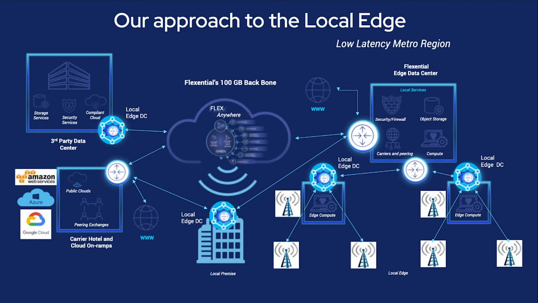And, we talked about it a couple of times, whether it's on a local prem or it's in an edge data center sitting out at the base of a tower servicing multiple areas of a region, or if it's out in a third-party data center that's actually bringing that traffic back in. It's all tied to our Flex Anywhere platform that allows us to bring all of the different features and all of the different services that customers demand nowadays to them over one single platform. And it's kind of like the easy button. It's just you join, you connect to the fabric, and we are in a good spot now to support and help you.